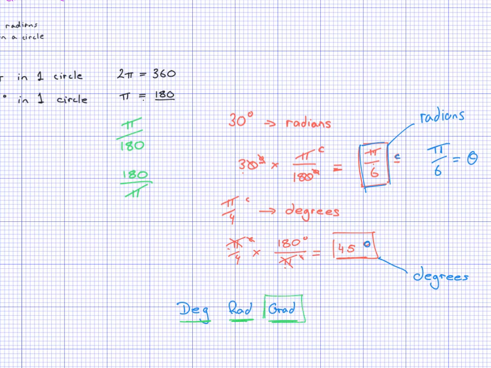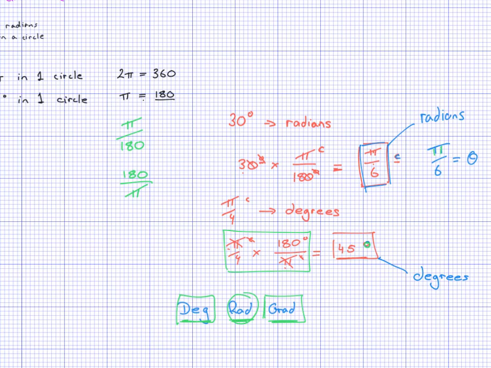So if we're doing trigonometry and you see an angle with a pi in it, you'll need to make sure it's in radians. If you're doing trigonometry and you see an angle with this sign in it, you'll need to make sure it's in degrees. All right, there is a way to convert directly from degrees to radians on your calculator, but arguably it's just as long as typing in an entry line like this and having it do it for you.